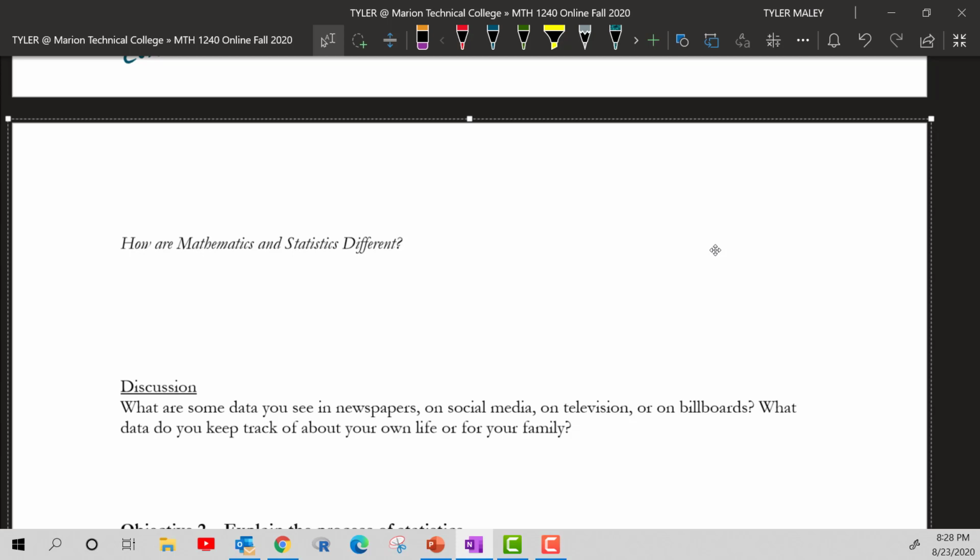Statistics could be thought of as a subfield of math, just like subfields of science, for example biology and chemistry. And even inside of those there are smaller subfields. Maybe you're a biologist, but you specialize in the parts of the brain, so you can specialize even further.